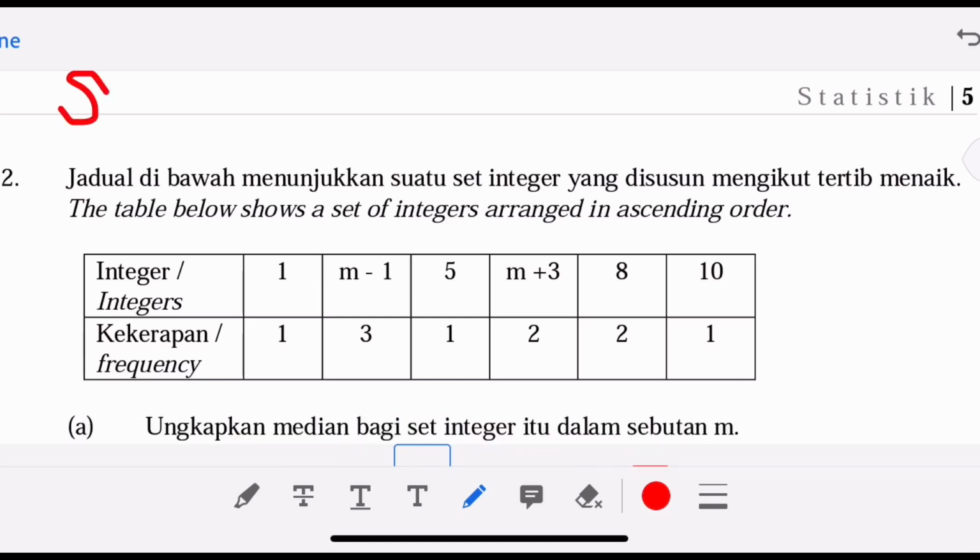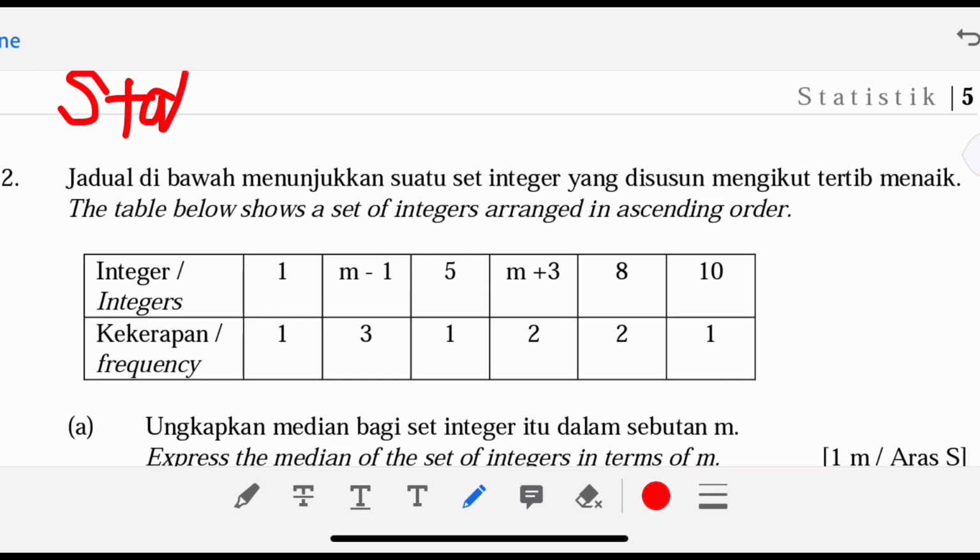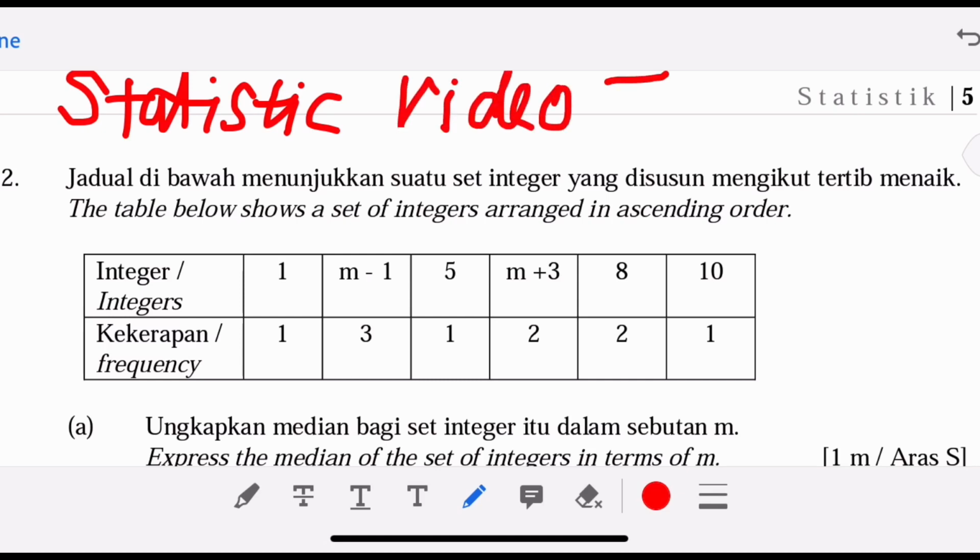Still remember, for the previous video I asked you to try this question. Have you tried? It's okay, let's go through it together. The table below shows a set of integers arranged in ascending order.